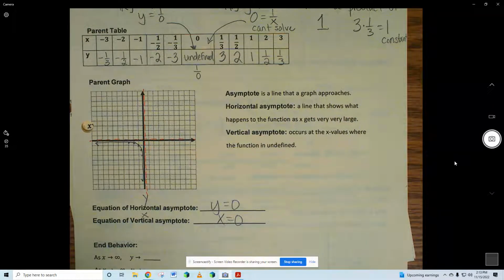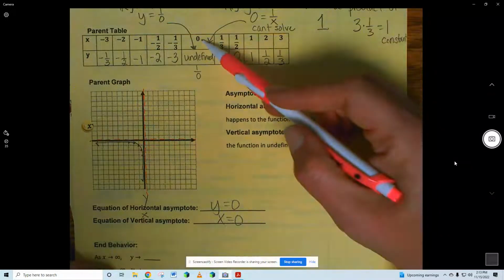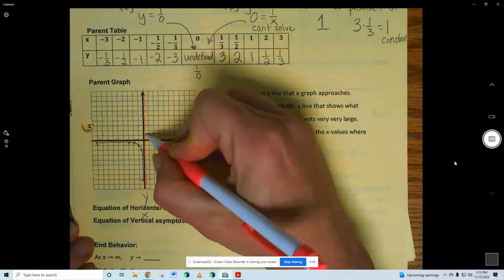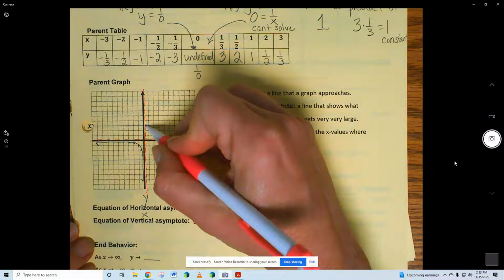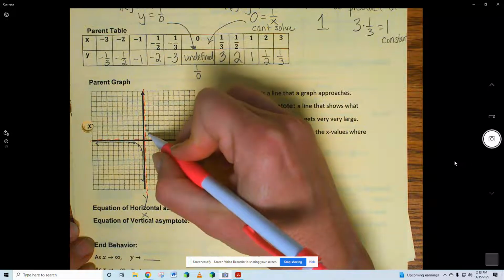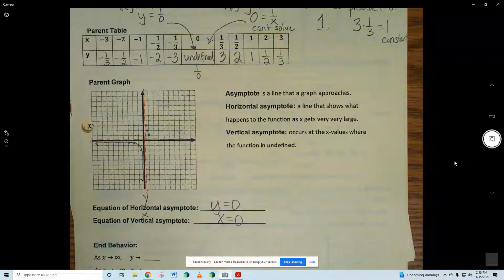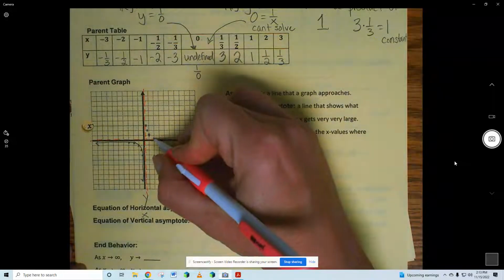Likewise, so there's nothing at 0. Over 1/3 up 3. Over 1/2 up 2. Over 1 up 1. Over 2 up 1/2.